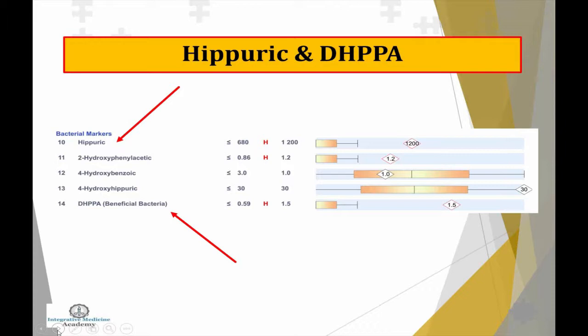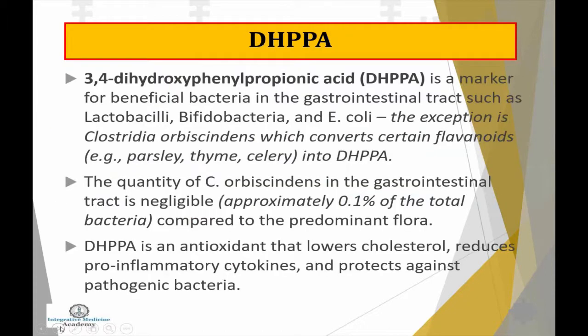These two markers we have arrows to, hippuric and DHPPA, are often confused. People assume that they're related to some kind of pathogen. DHPPA is a marker indicative of beneficial bacteria activity in the gut. It can be produced by Bifidobacter, E. coli, Lactobacillus, normal bacteria in the gut.